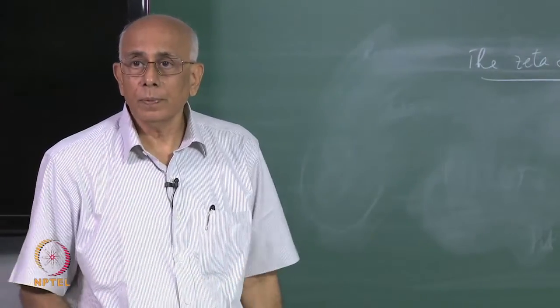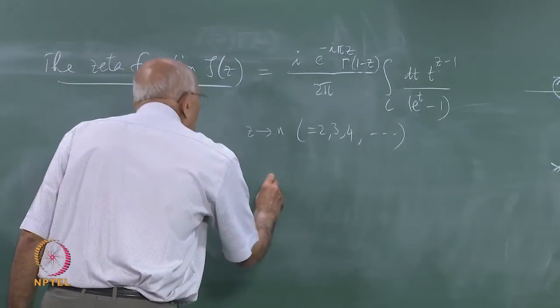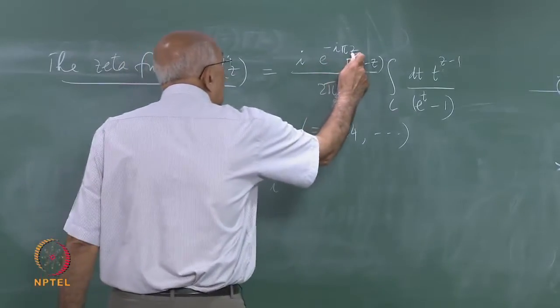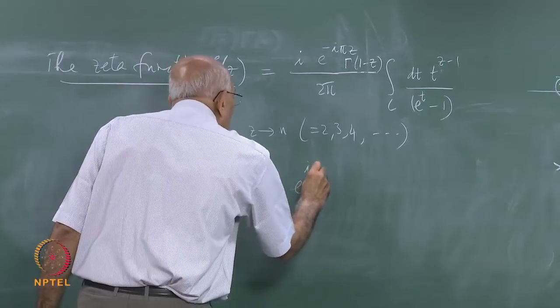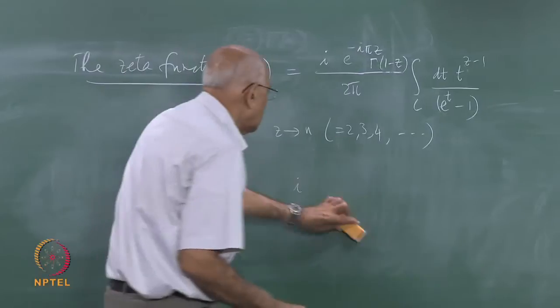that has got a pole. So the pole term is going to have I times, I want to extract what happens, so you have e to the I pi times z, so e to the I pi times n minus 1 is going to sit there, so that is minus 1 to the n minus 1.